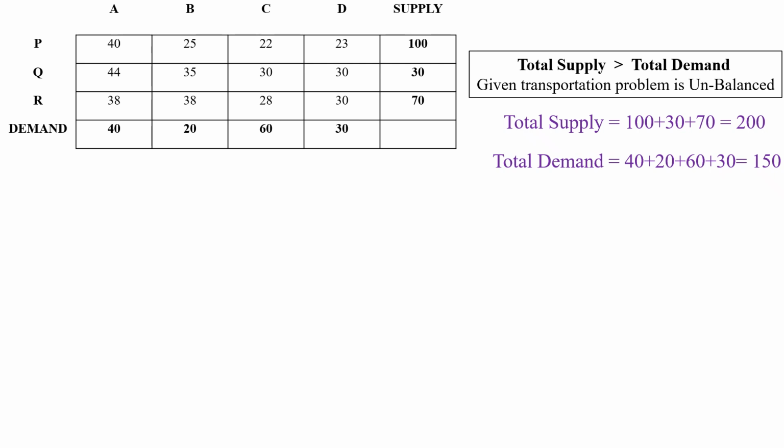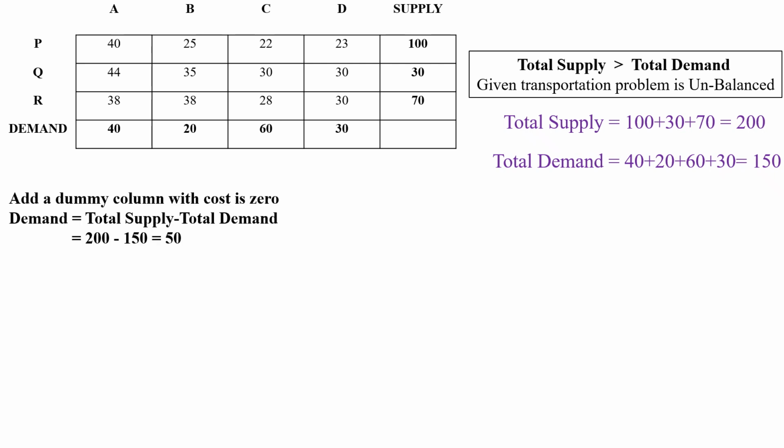Now we have to convert the unbalanced transportation problem into a balanced transportation problem. So here total supply is greater than the total demand. So add a dummy column with cost 0 and dummy column demand equal to the total supply minus total demand.